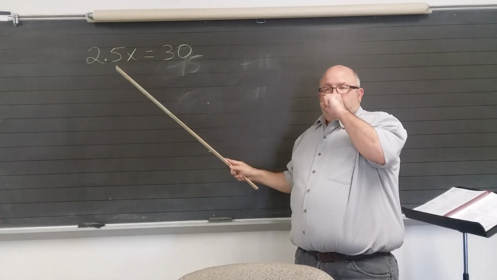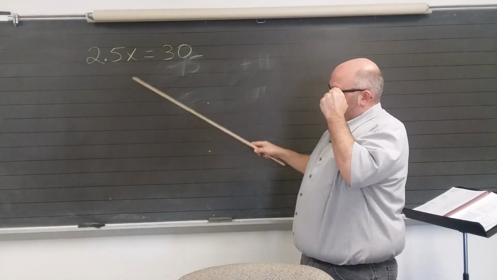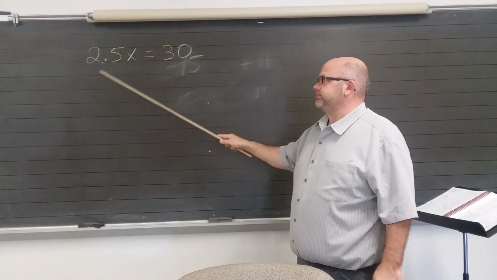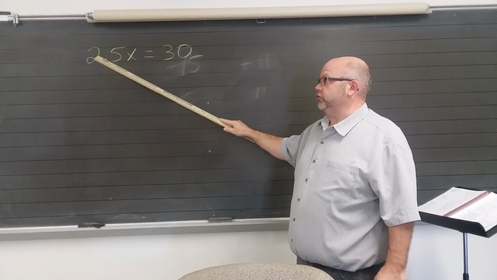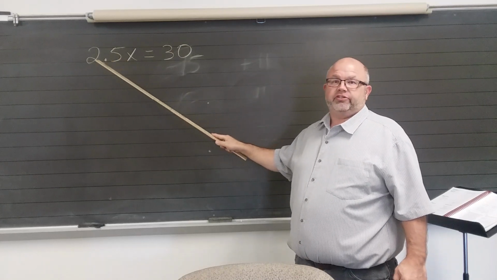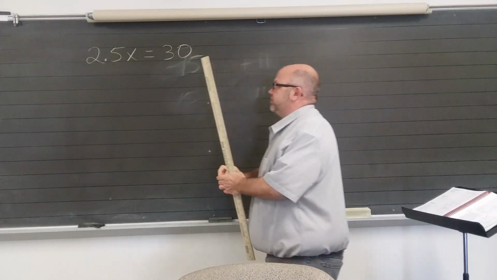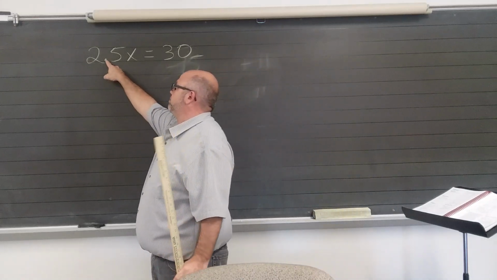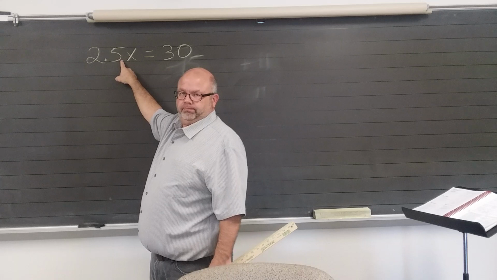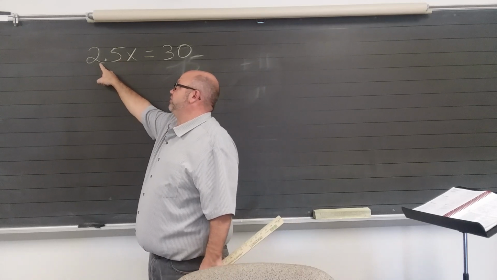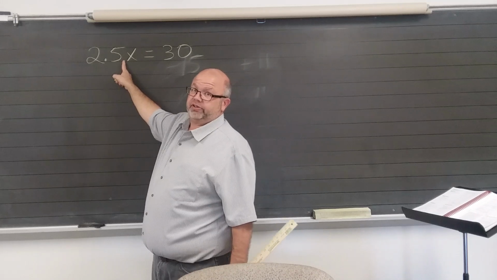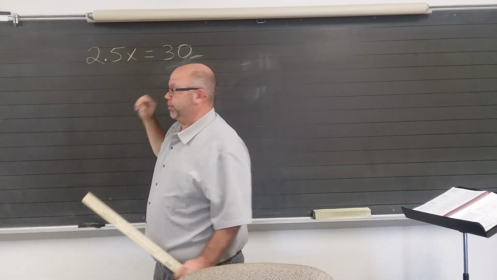How? What can you do to both sides of this equation to get rid of the decimal point here? What can you do to 2.5 to make it so that the decimal point disappears, or so that the decimal point comes over here? What do you do to 2.5 to simply make it 25? All right, multiply it by 10.